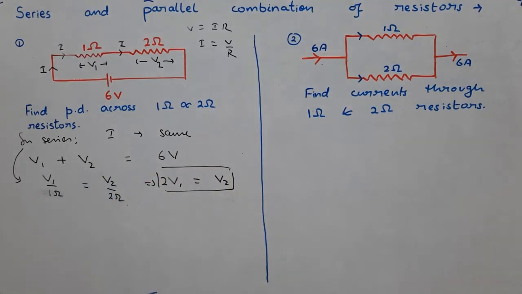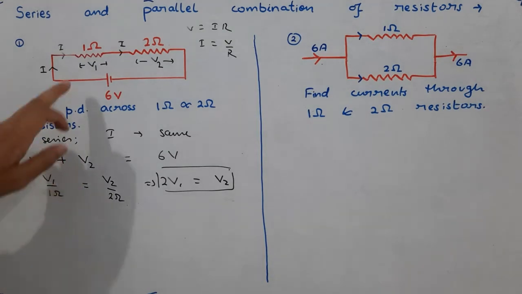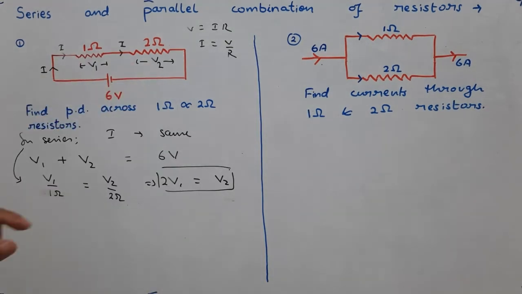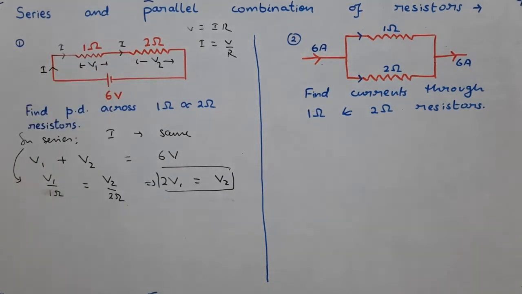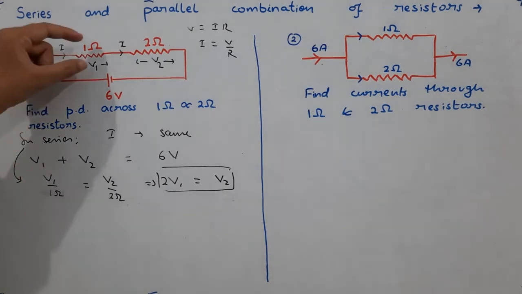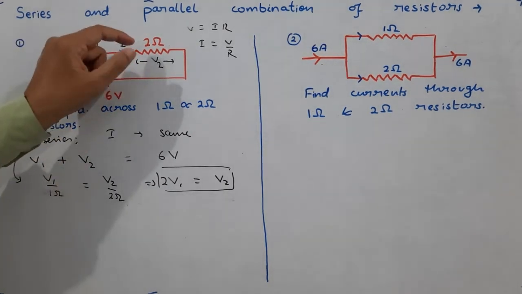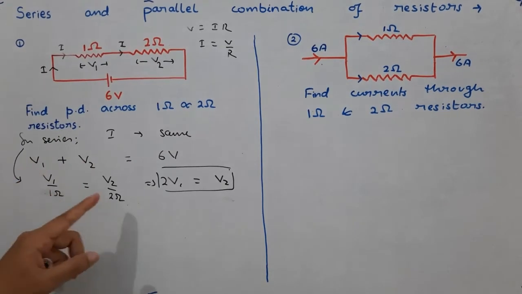So we have got two equations relating V1 and V2. First, V1 plus V2 is 6, and second, I told that the current in the two resistors are same. So current is voltage by resistance for this resistor and for this resistor. The current values are same. That's why we'll get this particular equation.